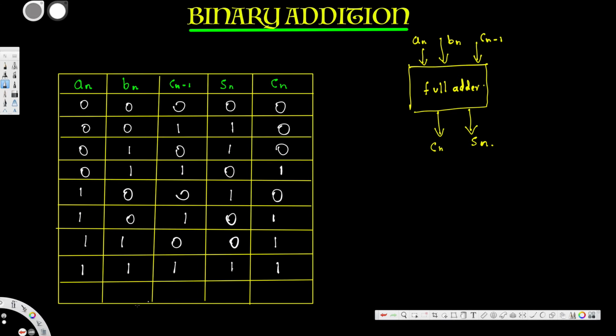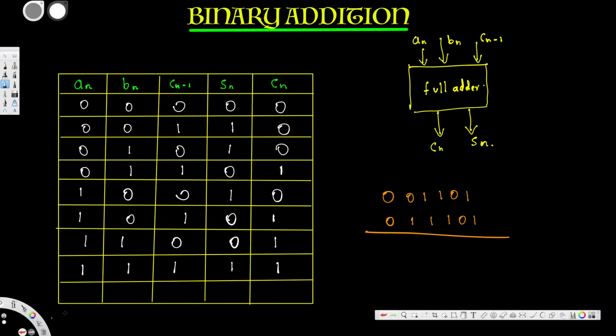So let's say we have a number like 001101 and another number 011101.